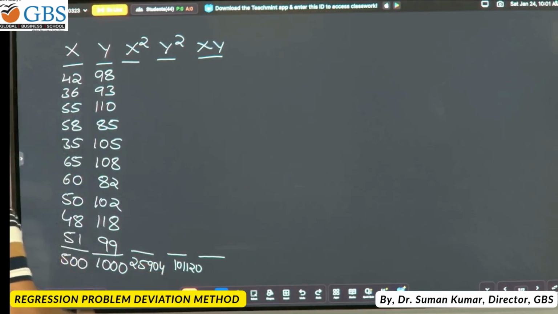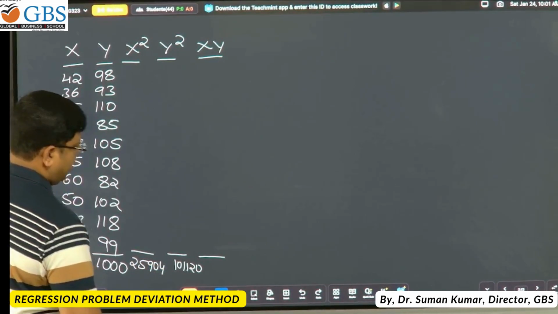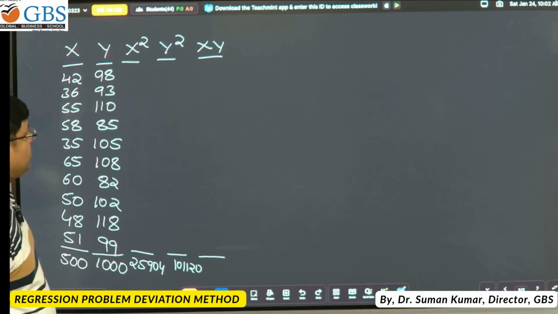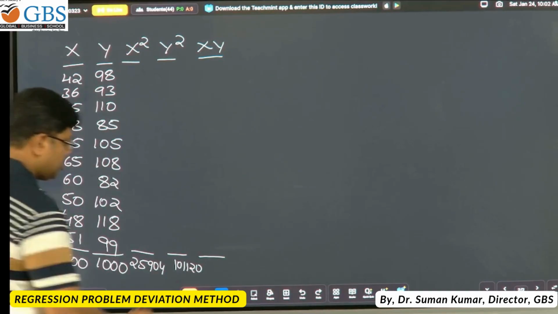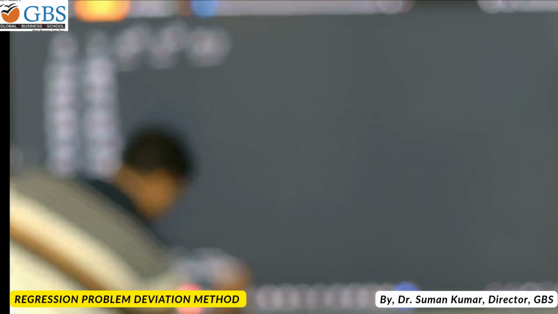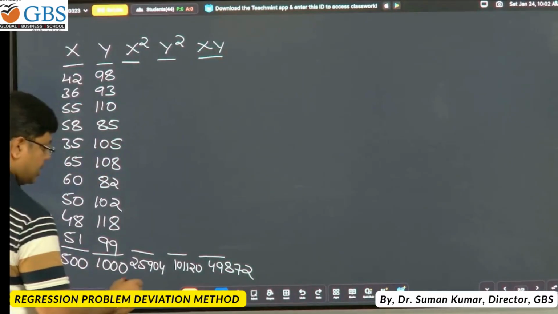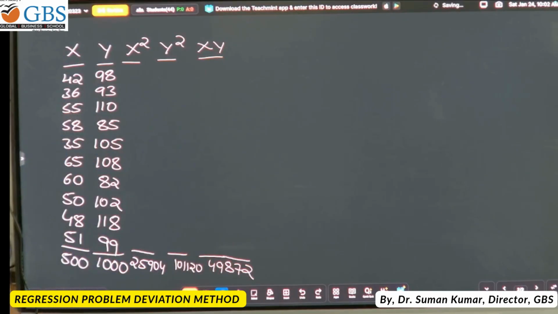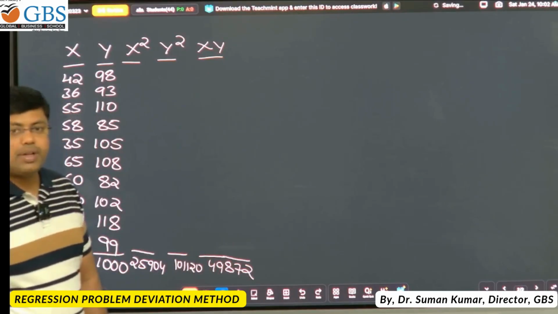Y square, correct? 101,120. Okay, XY total is 49,872. I hope this is right. So I hope all of you got the same one. Up to this, any doubt?